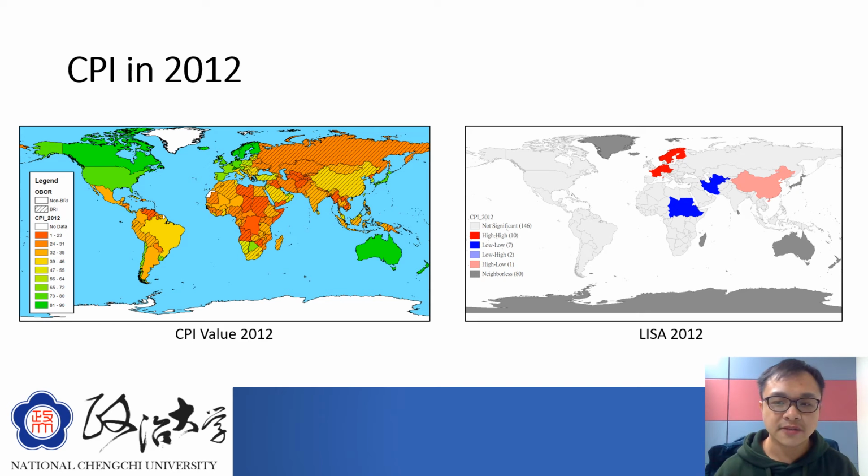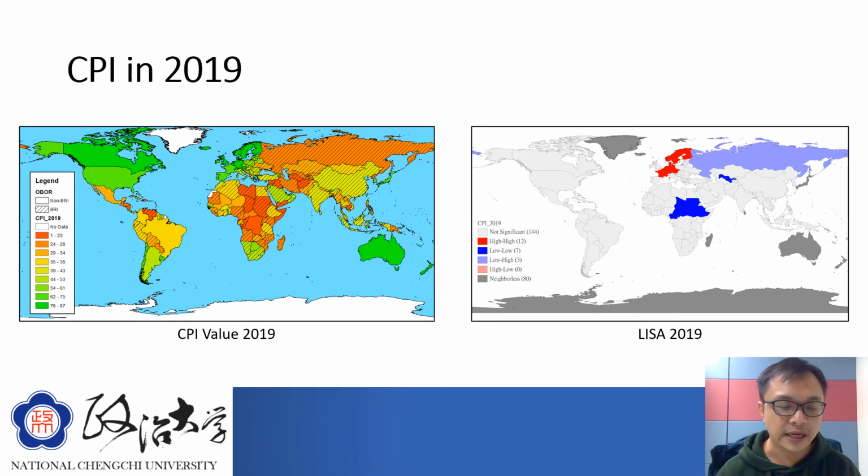So fast forward to 2019. On the left-hand side is still the indicator for CPI, and it remains the same. North America, Australia, New Zealand, and Europe are still the least corrupt. The corrupt places are still kind of the same, but we can see some improvements.